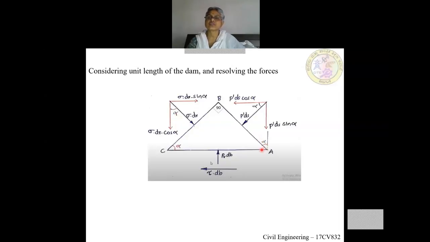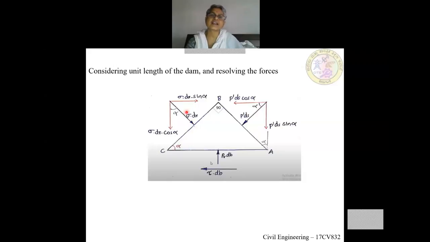Similarly here, this is alpha with respect to vertical, because this is 90 minus alpha. This is alpha. This is 90. This is 90 minus alpha. So this is alpha. Therefore this is 90 degrees. This will be 90 minus alpha. And the remaining angle is 90 minus of 90 minus alpha, which is equal to alpha. So these are the angles.